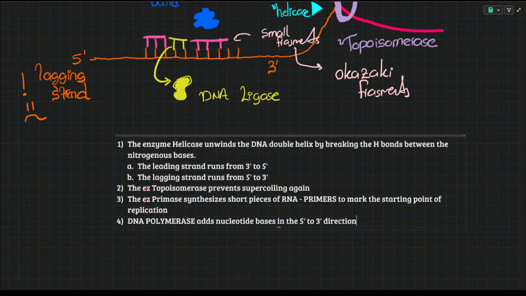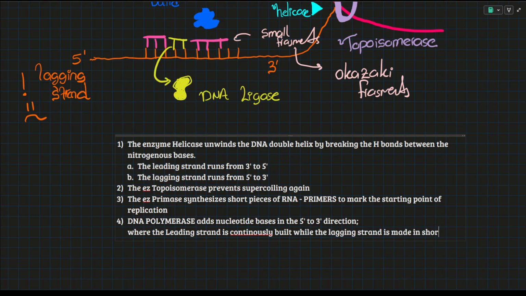This direction is the only direction that DNA polymerase can build in. Therefore, the leading strand is continuously built, while the lagging strand is made in short segments called Okazaki fragments.